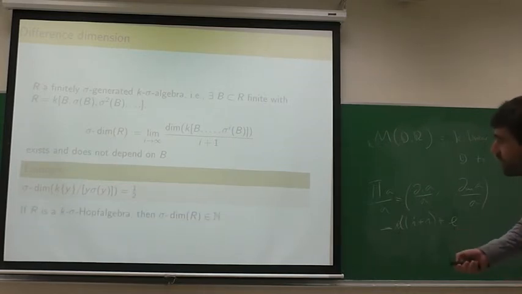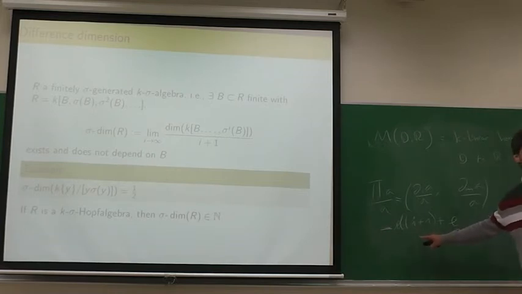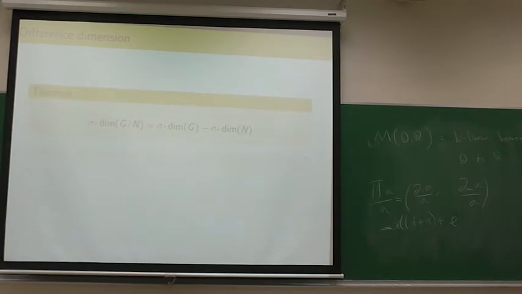But anyway, in our situation one can show that for Hopf algebras, which we are really interested in, it's always an integer. And for Hopf algebras you also have this dimension polynomial. Also, the notion of dimension behaves well, for example for quotients, where you get the expected formula which you have for algebraic groups too.